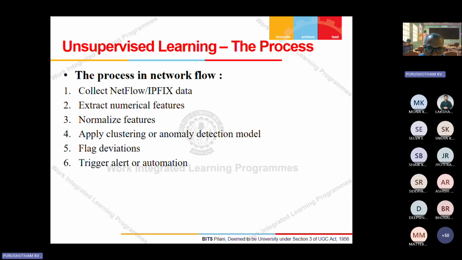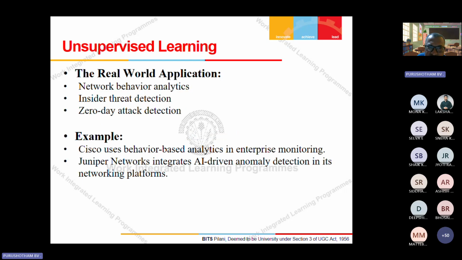A flagged deviation triggers an alert, or automations can be taken. Thus, in the real world, we can predict network behavioral analytics, insider threat detection, and zero-day attack detection.